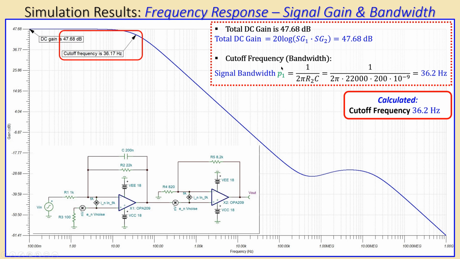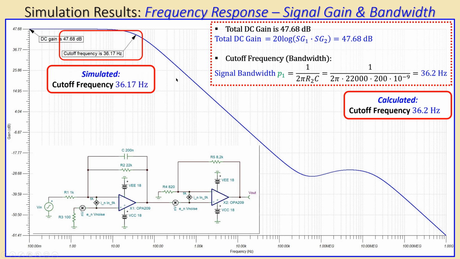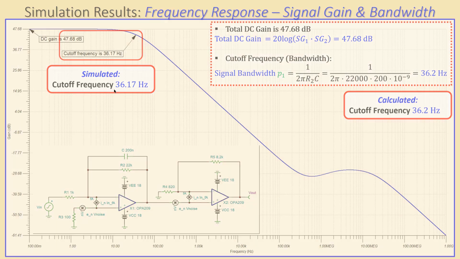And the signal bandwidth, due to that first pole, we calculated using the R2 and C, again shown here in great detail, and it was calculated to be 36.2 Hertz. So that is a very nice result considering the cutoff frequency and also the DC gain of the circuit. Okay, so simulated is very close to calculated for the cutoff frequency, because that will also determine your noise bandwidth.